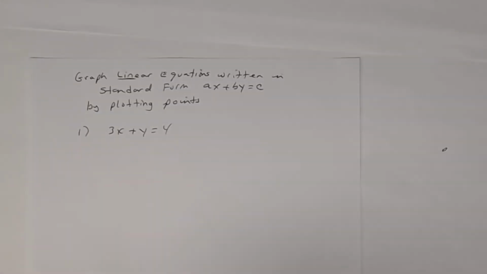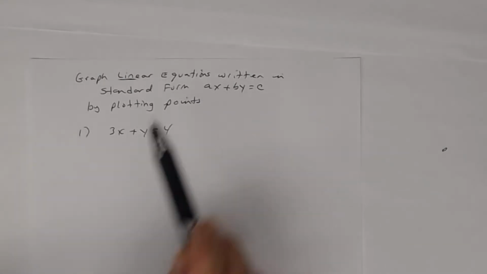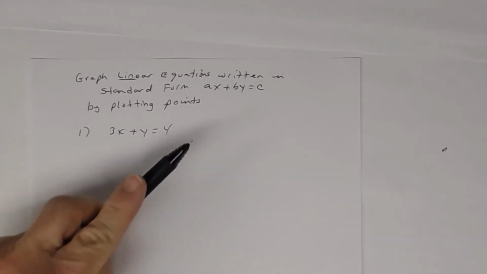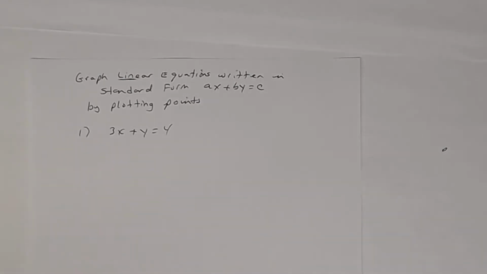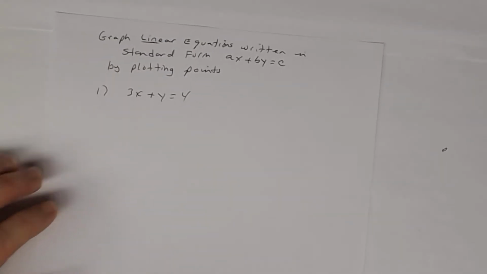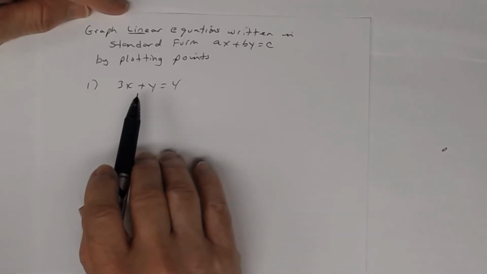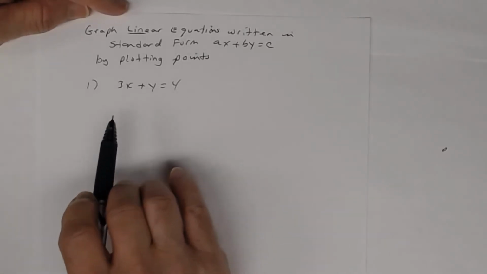In this lesson, we're going to be focused mainly on graphing equations of the form ax plus by equals c, and that's called standard form. One of the things you can do, if possible, is get y by itself, because that's the easiest thing to do.